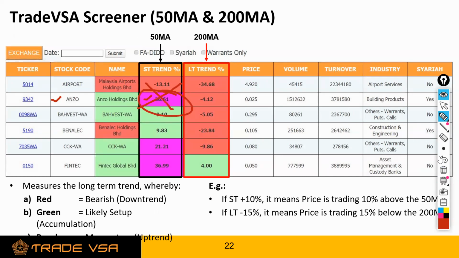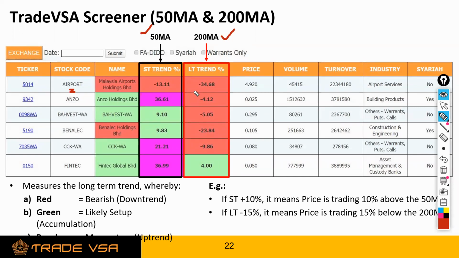No. The percentage means how far the price is trading away from the moving average. For example, in this case A port, ST is negative 13%, which means the price is trading 13% below the 50 MA. And 34% means the price is trading 34% below the 200 MA.